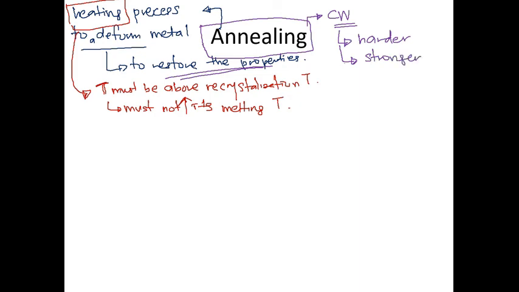But these materials will decrease in ductility. So in order to improve the ductility, they try the annealing process.